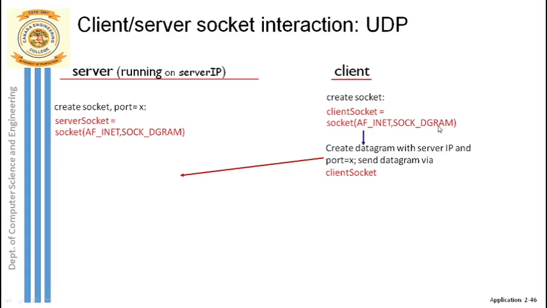Datagram is the term used for the data or message you send when UDP is the underlying protocol. So the socket created here in the first step is a UDP socket, because the second parameter is dgram.